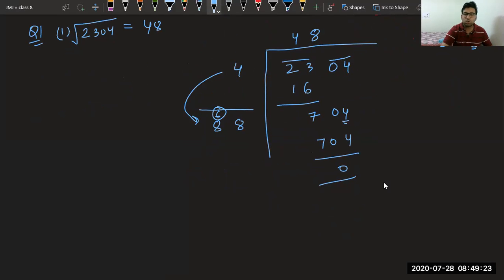So, Sarah, in this case I have made the pairs. I started with 4. 4 4s are 16. When you subtract, you get 7. 04 comes down. This 4 is doubled, becomes 8. I have taken 8 again. 8 8s are 64. 64 plus 6 is 70. And we got the remainder as 0.